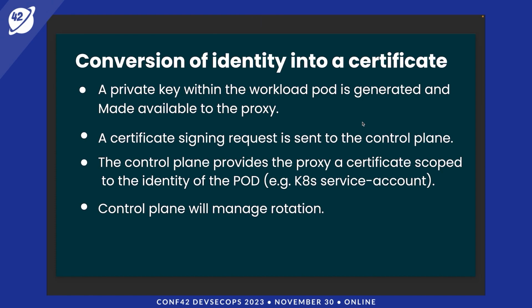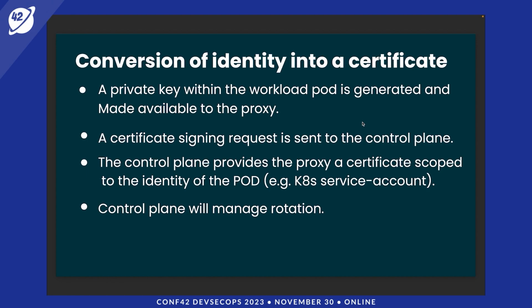So how do we convert your identity or service account into a certificate that will become the identity of your service? Whenever a new pod is created, it will contain a sidecar container, the Istio proxy, and your application. The Istio proxy will create a public private key pair and send a certificate signing request to the Istio control plane.